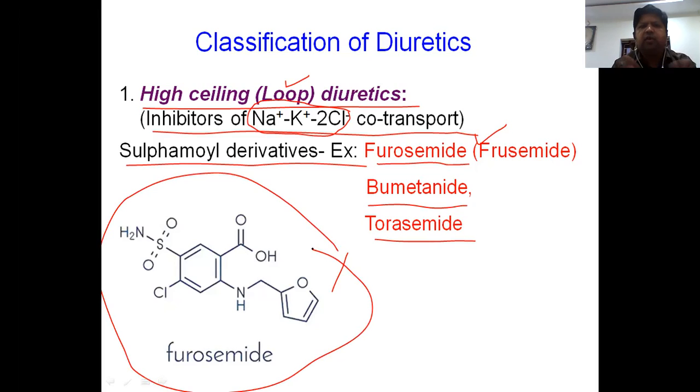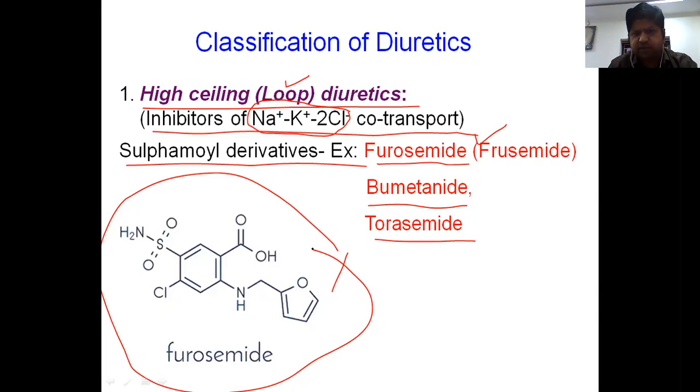I don't want to enter into the structural aspects. If you want to compare the structures of different high ceiling or loop diuretics, you can refer to any textbook like Wilson and Gisvold, or any medicinal chemistry book.